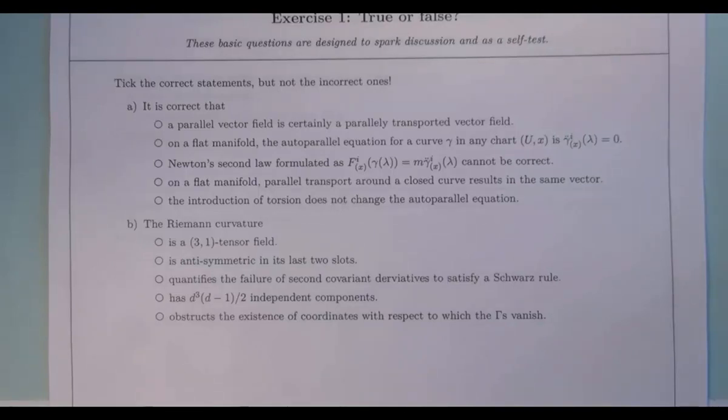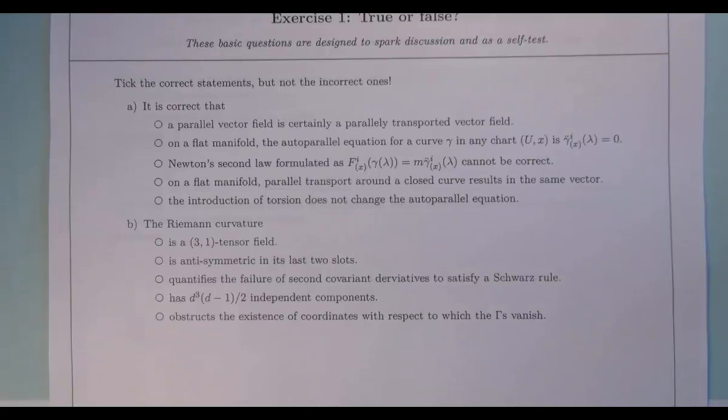On a flat manifold, the autoparallel equation for a curve gamma in any chart x is gamma double dot i of lambda is 0. So again, recall, in a flat manifold we have no curvature. Also we have a collection of charts in which the connection coefficient functions all vanish.